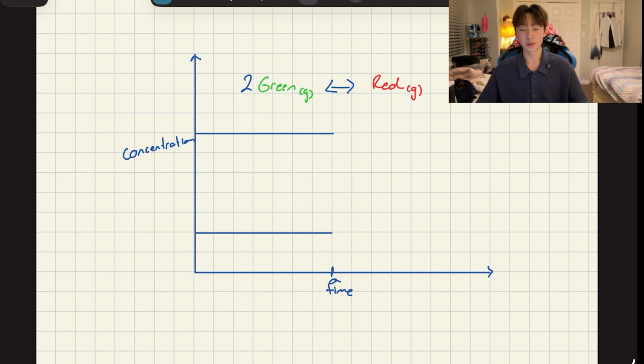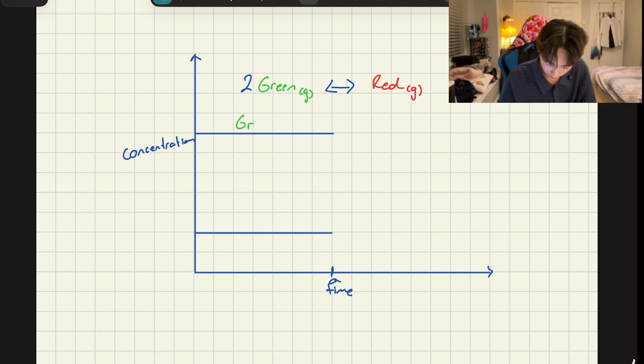So as we know, decreasing volume would increase pressure, meaning concentration for all gases. So at time A, both the concentration of green gas and the red gas will increase. So let's label this top one as green, bottom as red. And they both increase at time A.